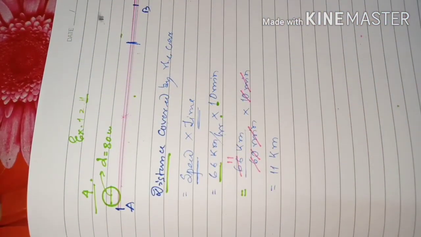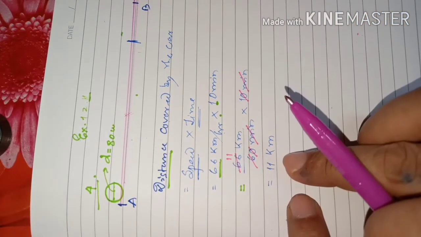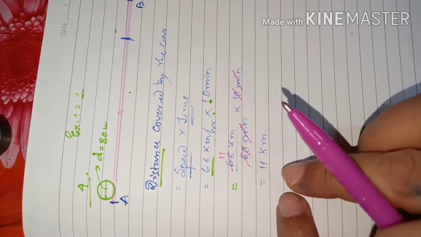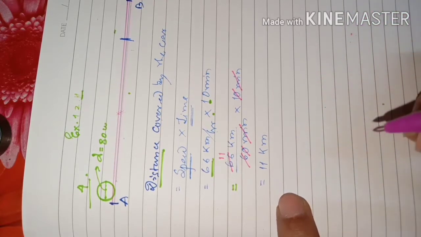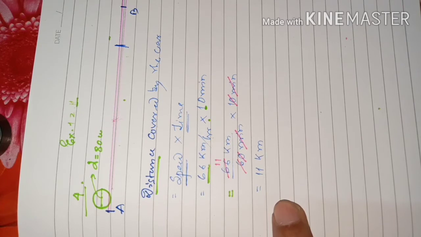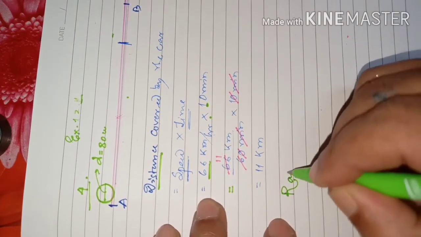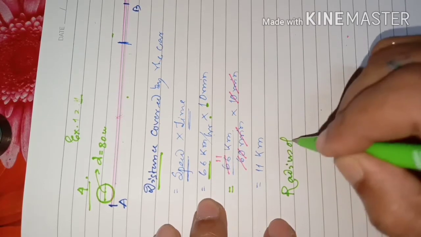So what is the circumference of the wheel that we have to know, because 11 kilometer it has to go. In one revolution it will cover its own one circumference. So circumference of the wheel is very much necessary for us. Now we'll write radius of the wheel.